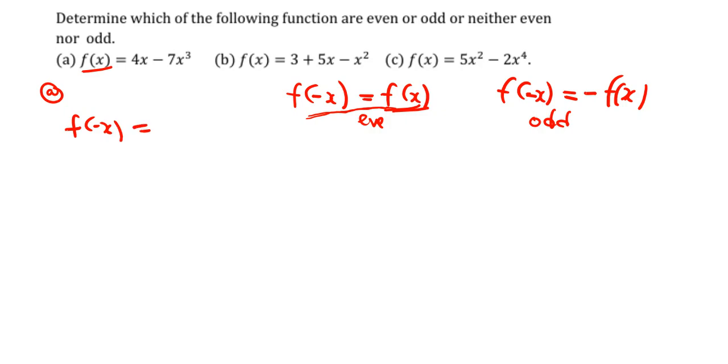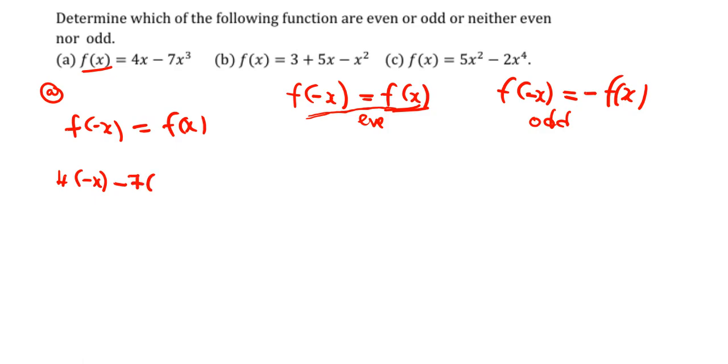So there we'll say 4 times negative x, then minus 7 open bracket, then we have negative x there to the power 3, then is equal to the same function. This is already the function which we had, f of x there, so I'll just put 4x minus 7x cubed like that.